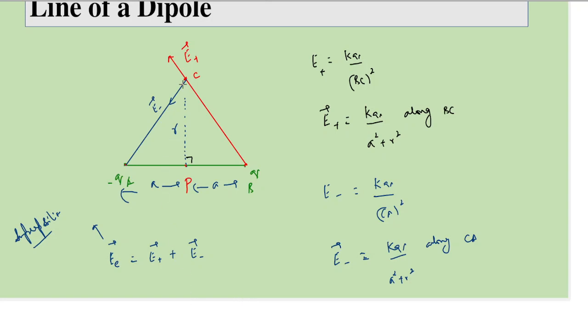To do that, at the point C, we'll put two axes. An axis like this, an axis like this. We'll call this the x-axis and this the y-axis, and recall that this would be the field because of the positive charge.